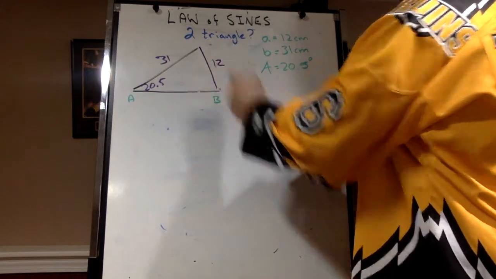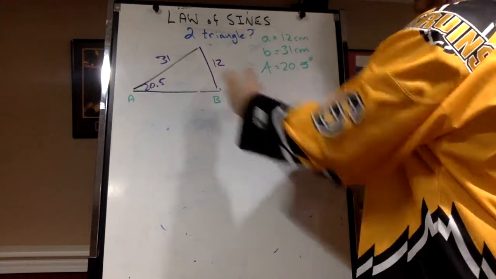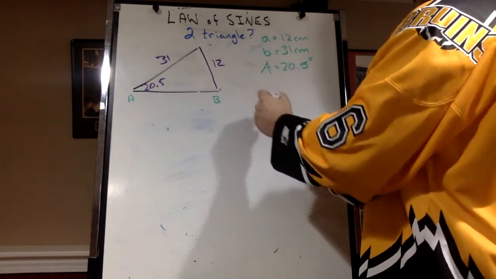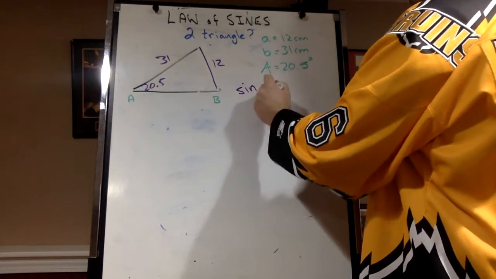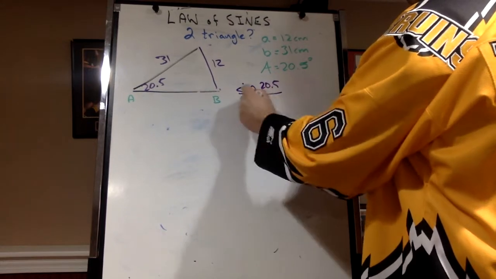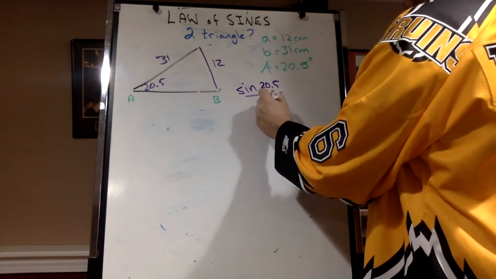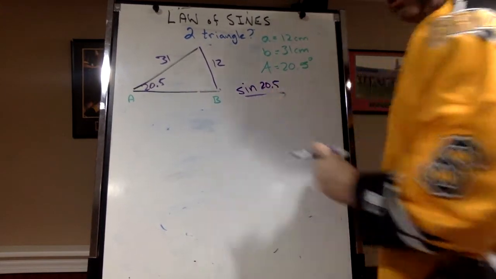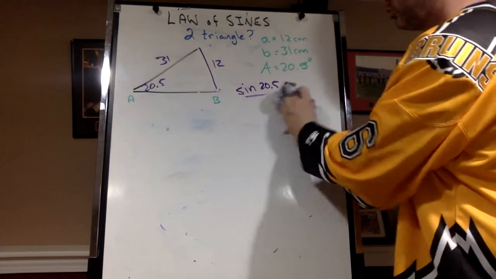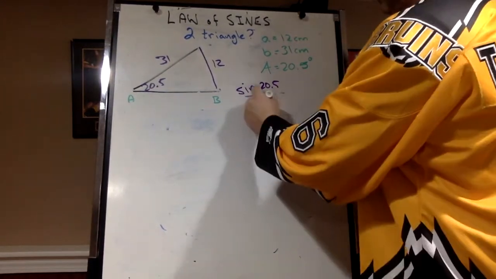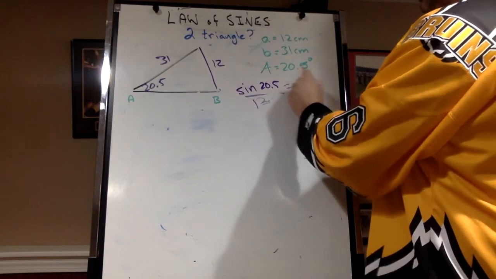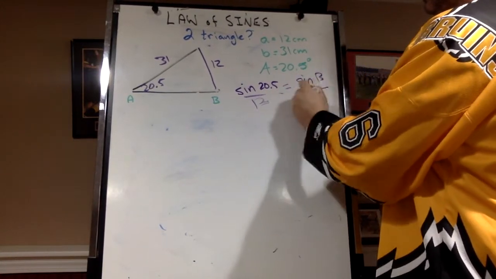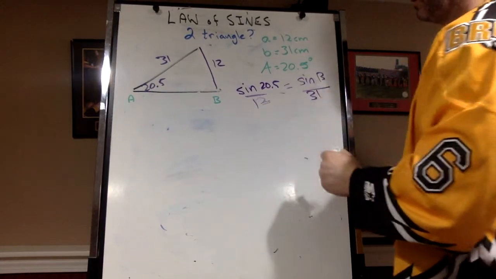So we know here is 12. So we'd like to find angle B first. So, law of sines, we're looking for an angle. So, sines on top, sine of 20.5 over 12, equals sine of B over 31.